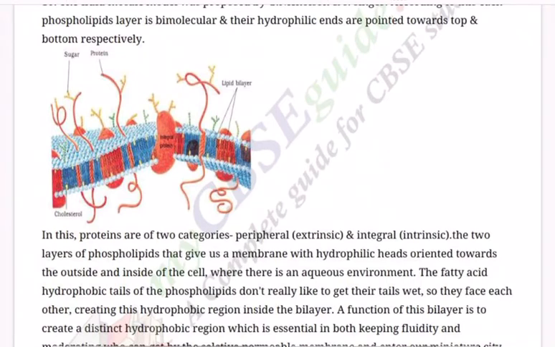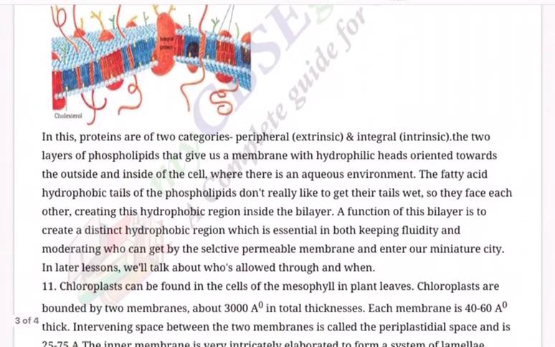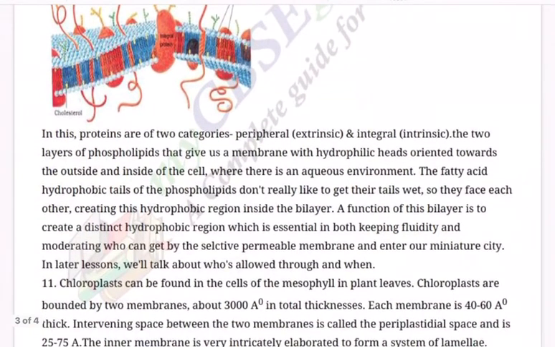The fatty acid hydrophobic tails, phobic means fear, hydro means water, don't really like to get their tails wet. So they face each other, creating this hydrophobic region inside the bilayer.